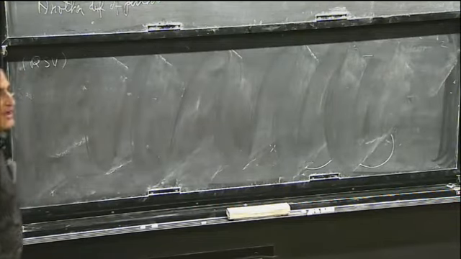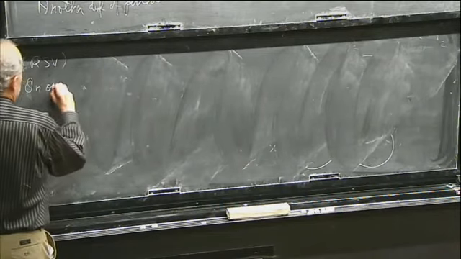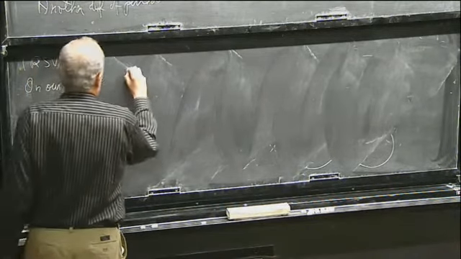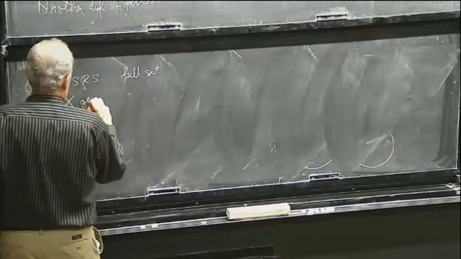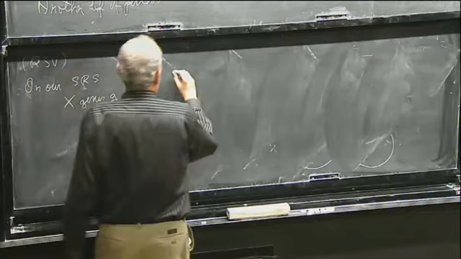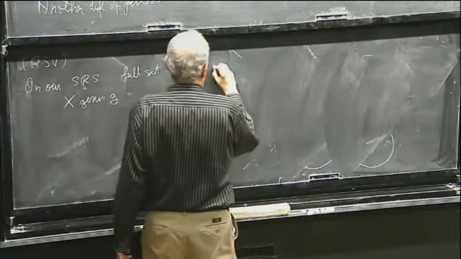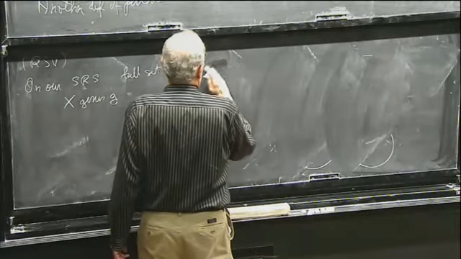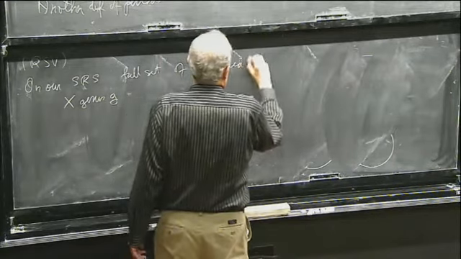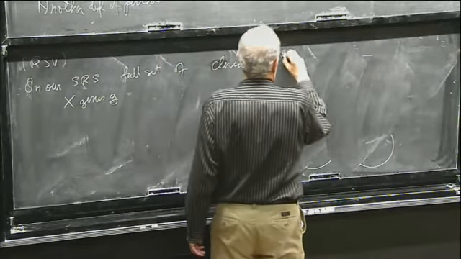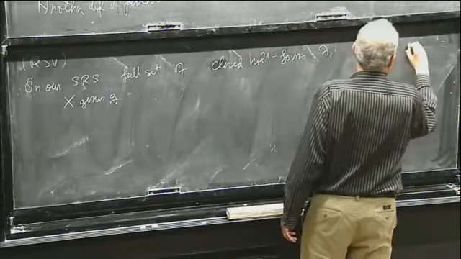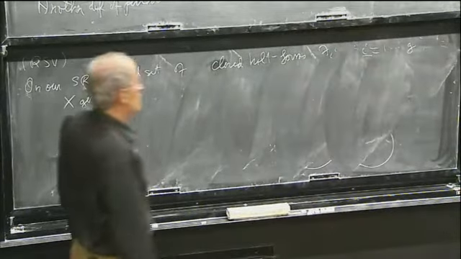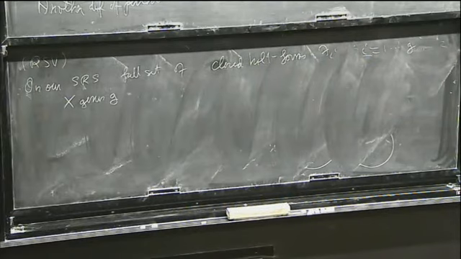So on our super Riemann surface, we have a full set, let's say, of genus G of closed holomorphic one forms. By full set, I just mean there are as many of them as there would have been classically.